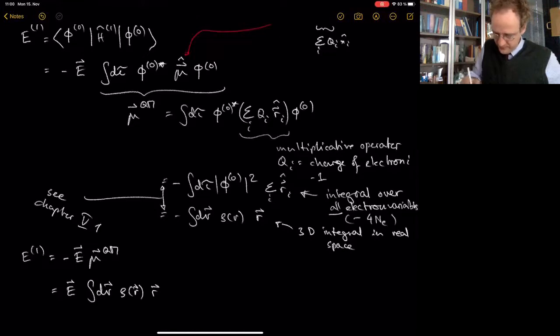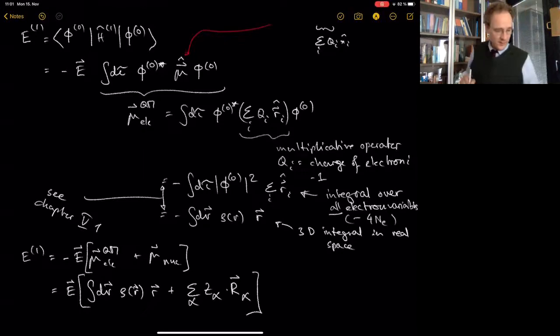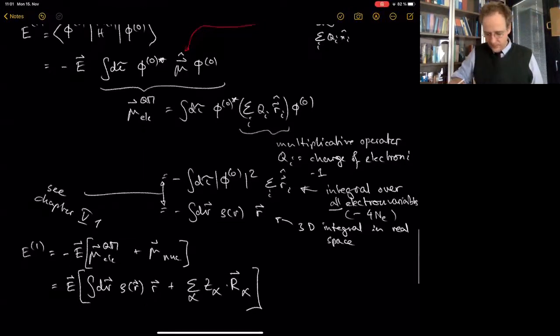This is just the electronic part, and you need to add also the nuclear dipole moment, because of course you don't only have electrons, you also have the nuclear charges, and your μ nuclear is simply the sum over all atoms α times their position. So that's classically. Okay.